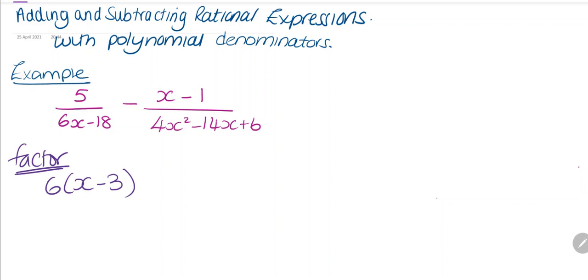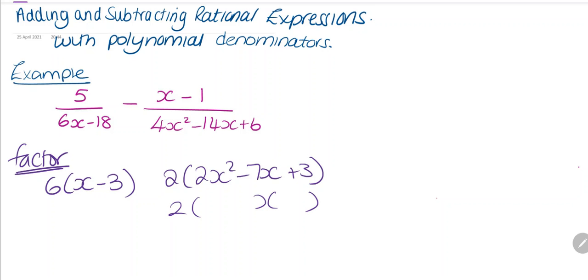x minus 3. Our second, if we factor by 2, will give us 2x squared minus 7x plus 3. Now we need to factor further and put this into double brackets.